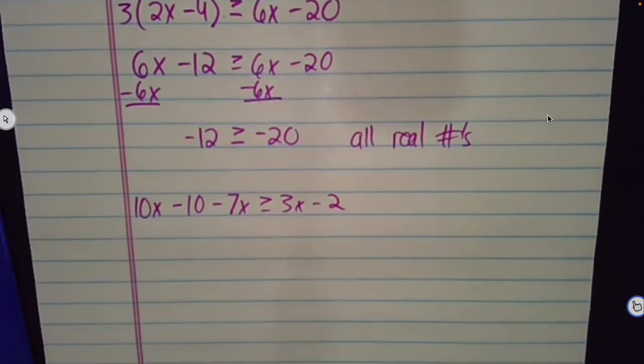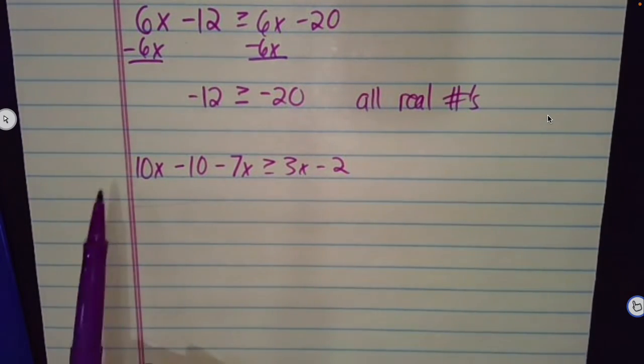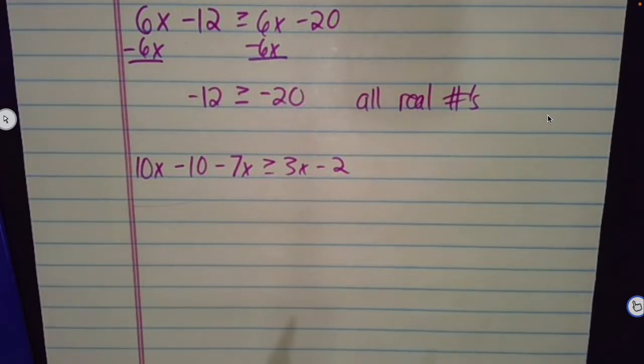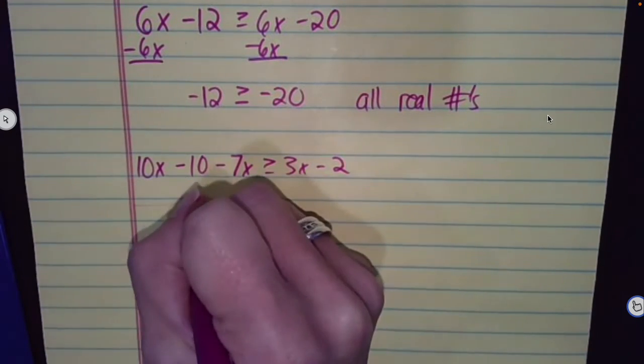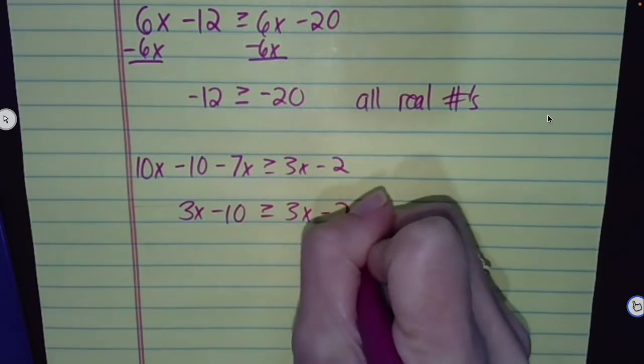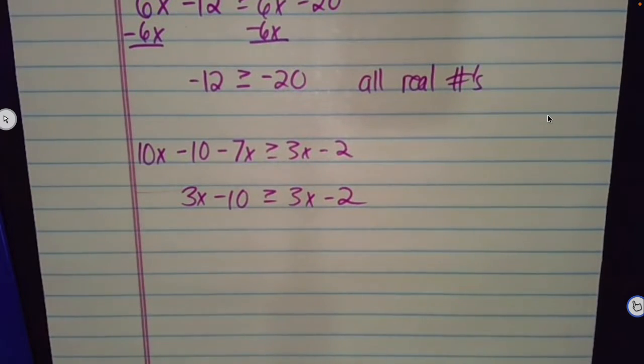Our next one, before I start moving things around, do I have any like terms over here? What's 10x minus 7x? 3x. 3x minus 10 and 3x minus 2. What do you notice about the 3x? They're going to cancel out, but I'll subtract them from both sides.